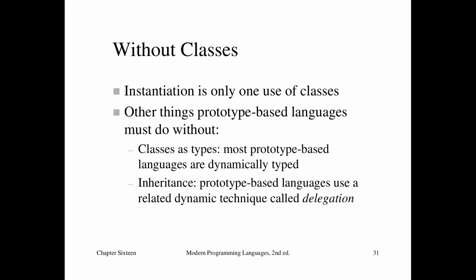When you're in a prototype language, we lose things like type information. Prototype-based languages are always dynamically typed. We also lose inheritance, right? Instead of inheritance, prototype-based languages use delegation. So, we make a copy of a given prototype, and when we do that, we're delegating any calls on that object to the prototype itself, or wherever we gained the method from.